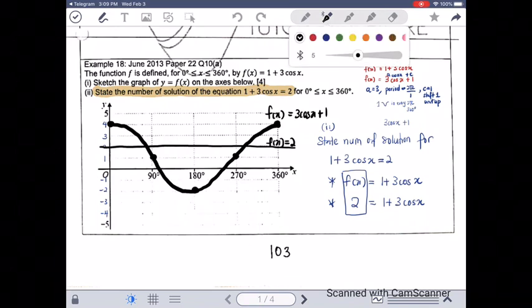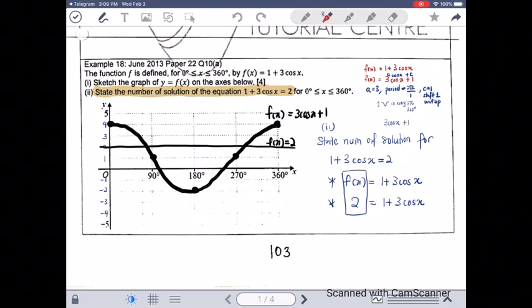So the number of solutions happens when both graphs intersect. The first graph and the second graph, which is just f of x equals 2, intersect at 2 points, 1 and 2.